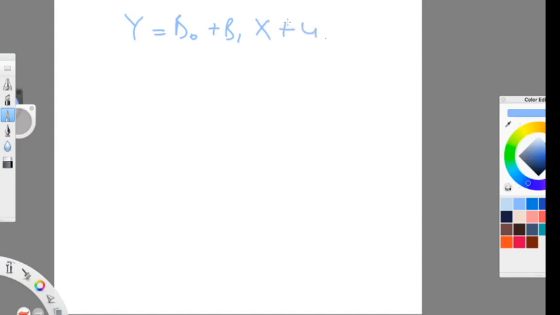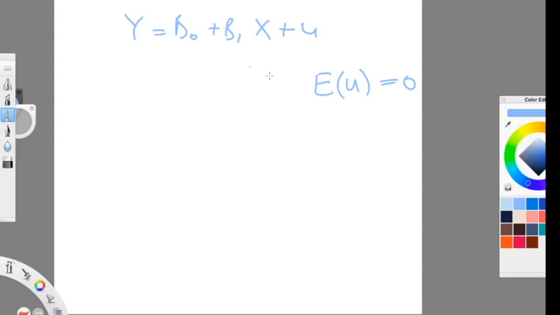A couple of assumptions regarding mu need to be made. The first assumption is that the expected value of mu in the population is 0. The mean value of your unobserved component is assumed to be 0.